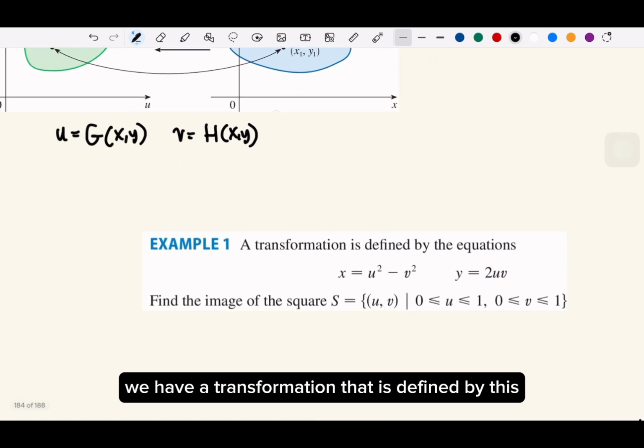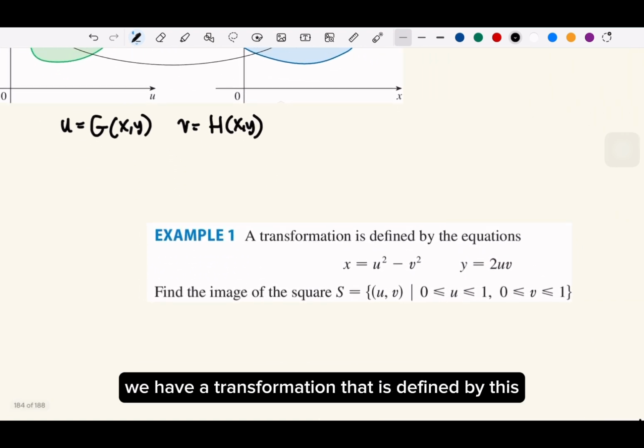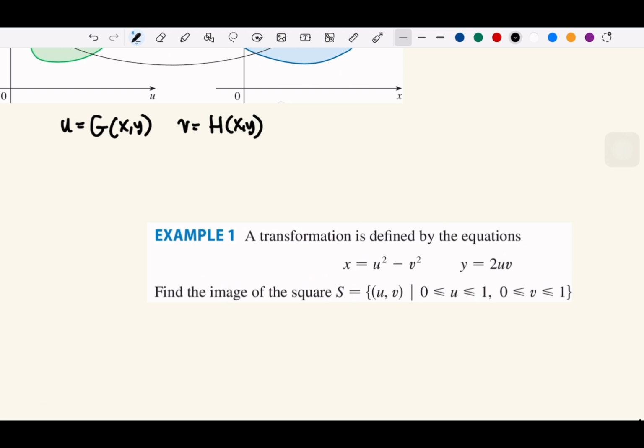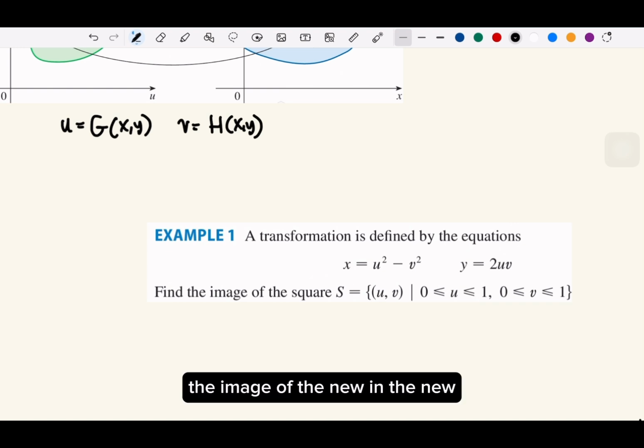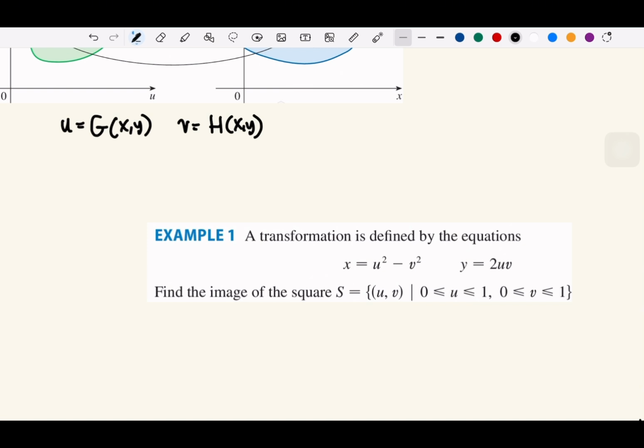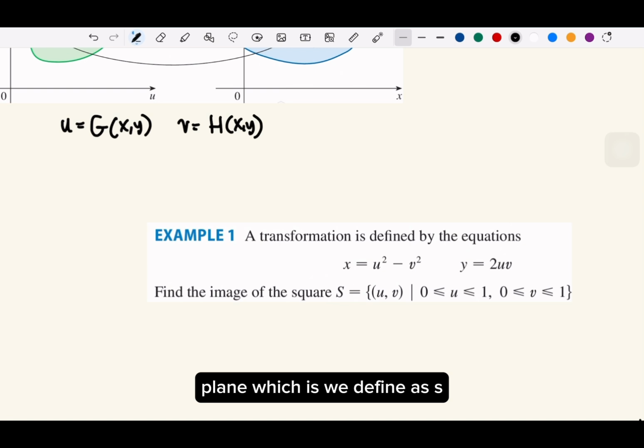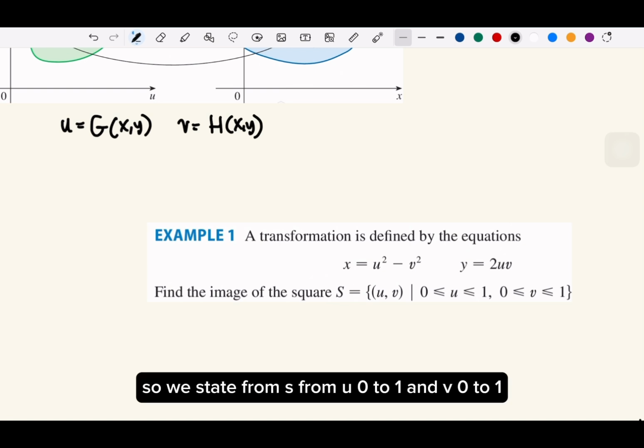So let's say we have a transformation that is defined by x equals u squared minus v squared, and then y equals 2uv. And then we need to find the image in the new plane of S, which we define as U from 0 to 1 and V from 0 to 1.